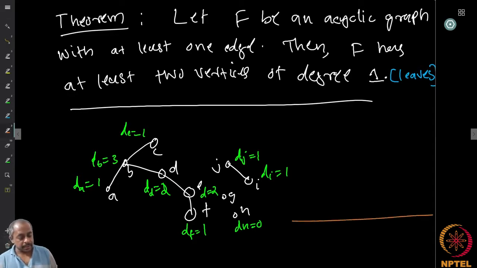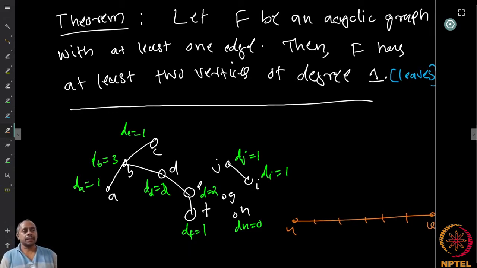Then we look at the endpoints of this path, let's say u and v. So you have this path uv, which is a maximum length path in one of the components, and then look at the end vertices u and v. We are looking at non-trivial components, so there is at least one edge.